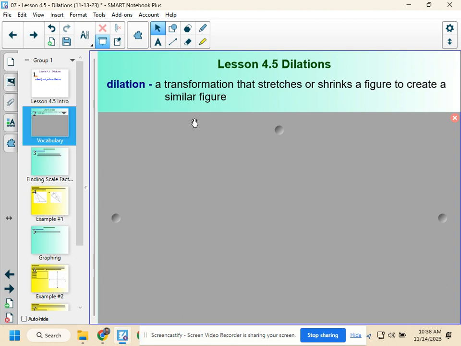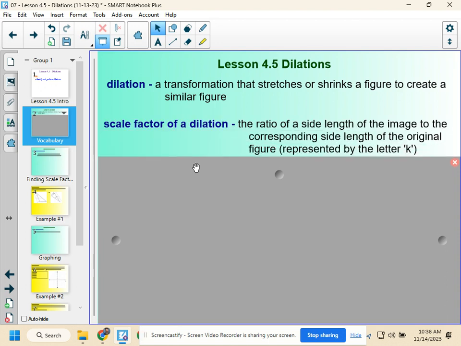Anyways, next thing we added, under your dilation notes, we added a note on scale factor. We just call it scale factor. We actually started with this: we said it was represented by the letter K. So you'll see that here in some of the examples that we use K, just to say, hey, your scale factor is this, K equals 2, K equals 5.